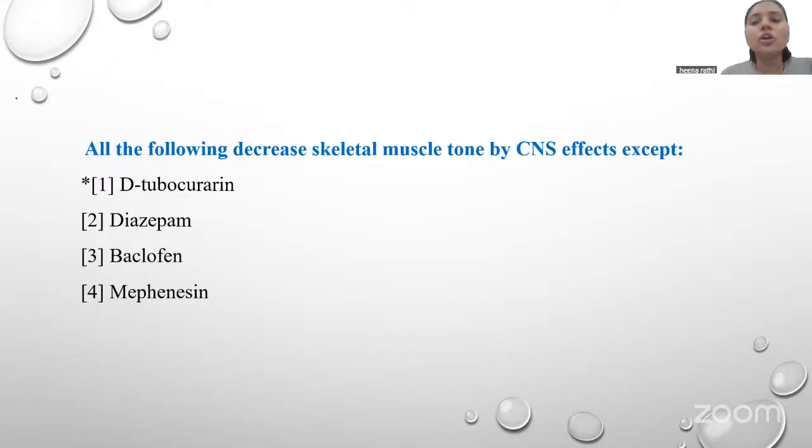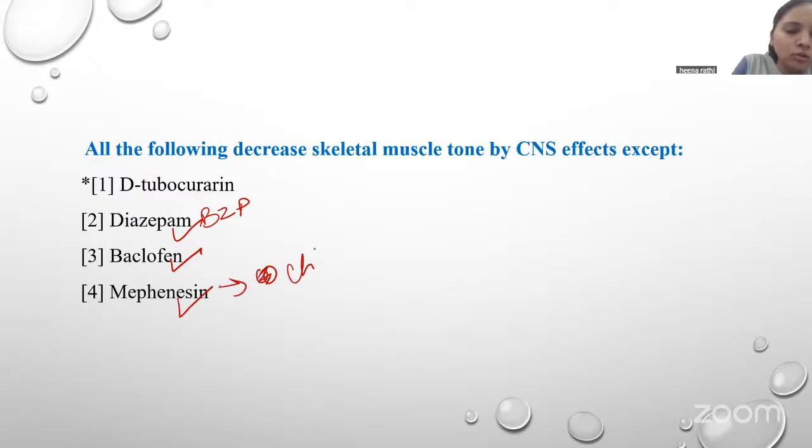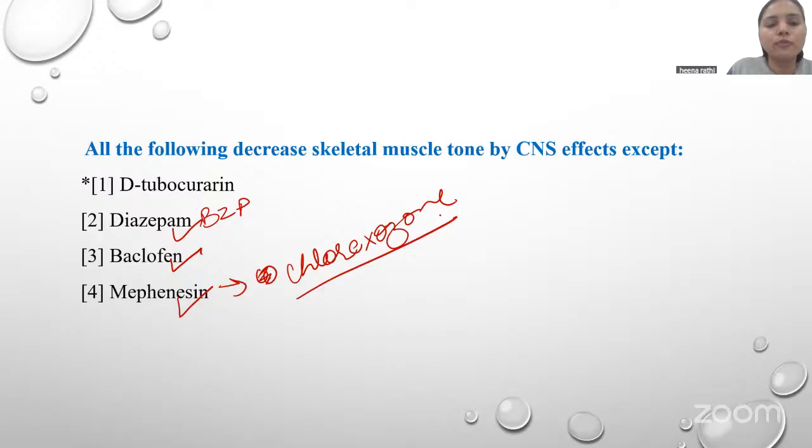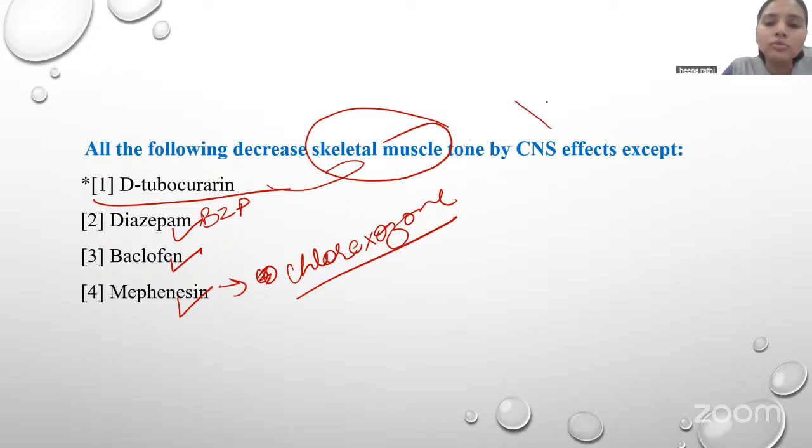The drugs used for this are called centrally acting skeletal muscle relaxants, like benzodiazepines, baclofen, and mephenesin congeners like chlorzoxazone, which is most commonly used for this purpose. Dantrolene is also a skeletal muscle relaxant, but it does not act through the CNS. It is a peripherally acting skeletal muscle relaxant.